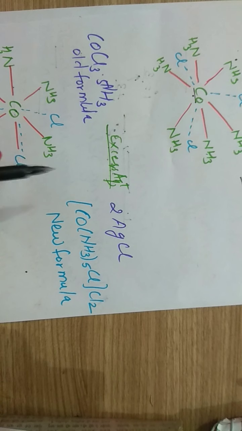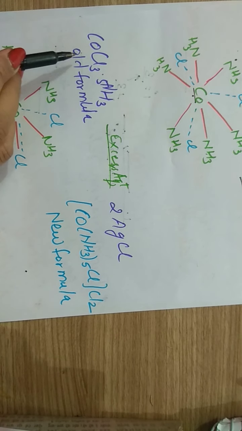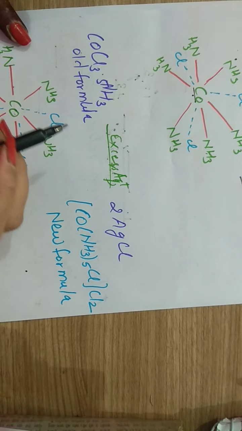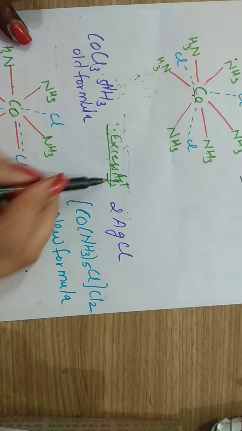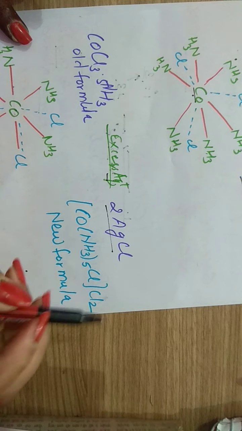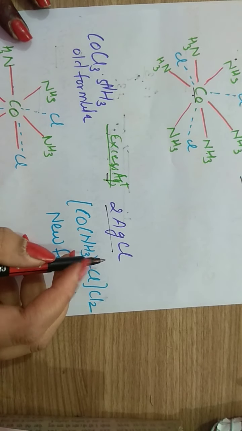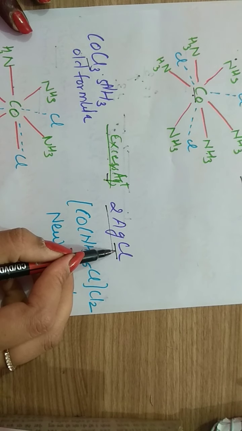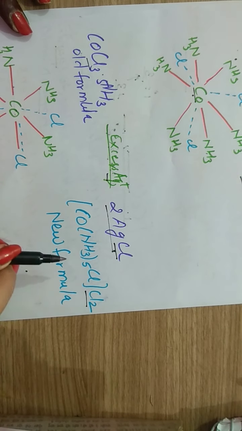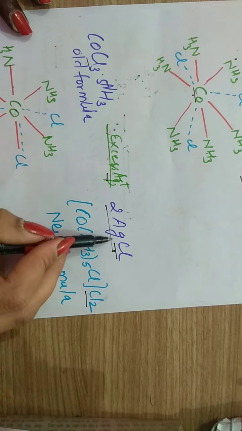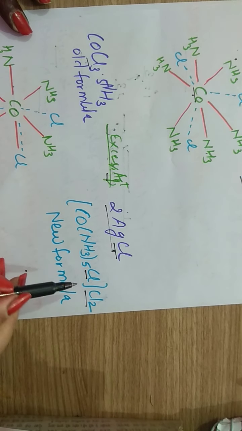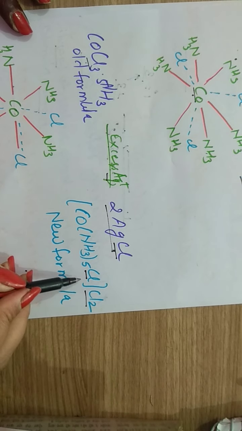Now, similarly he took another compound, which is CoCl3.5NH3. This is the old formula, and when he treated it with excess of AgNO3 solution, he found that 2 AgCl precipitates are obtained. That means that out of 3, 2 chlorine atoms are ionizable, hence satisfy only primary valency, and 1 chlorine atom is such that it is satisfying both primary as well as secondary valency because it is not ionized.